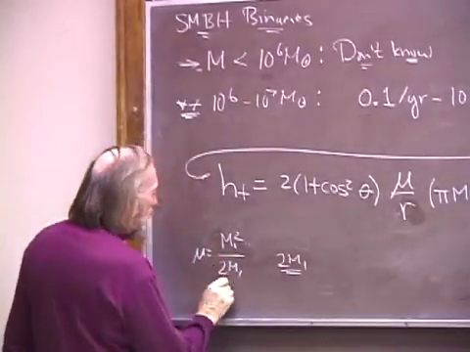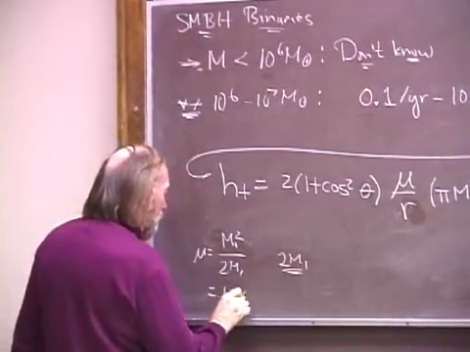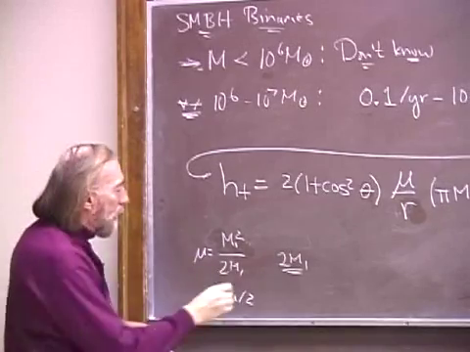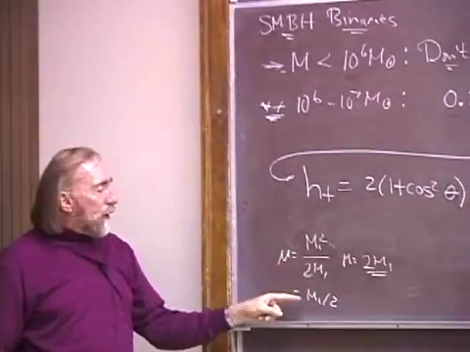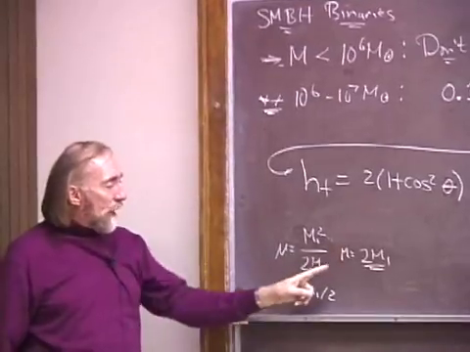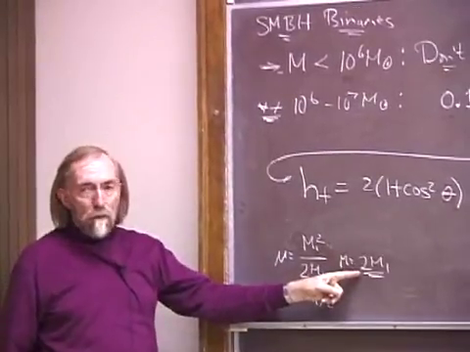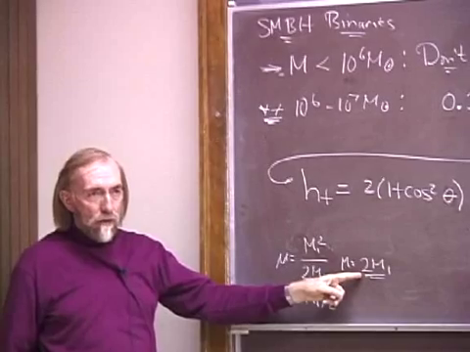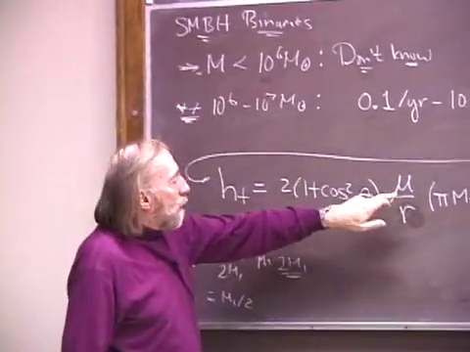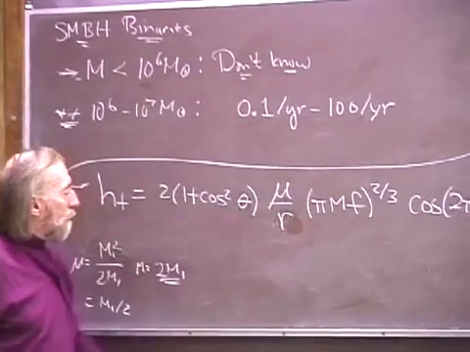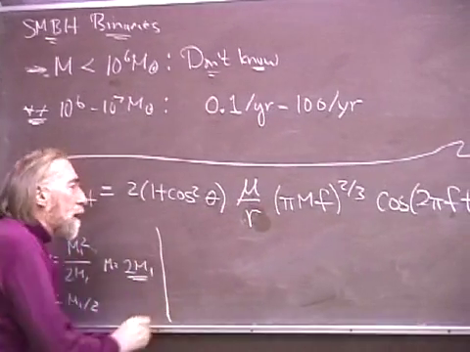So mu would be 1/2 of m1. And m would be 2 m1, where m1 is the mass of one of the black holes. So the total mass would differ from the reduced mass by a factor of 1/4, which is the factor that Alessandra Tuanano used in her lecture last time. And I talked always then in terms of reduced mass and total mass.